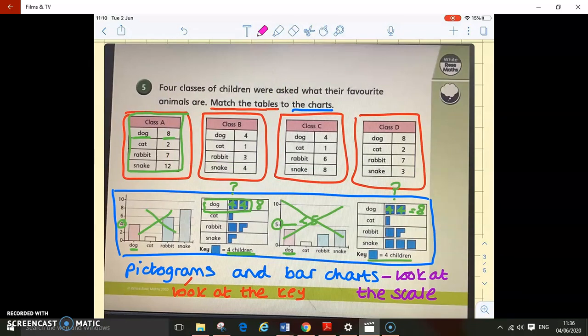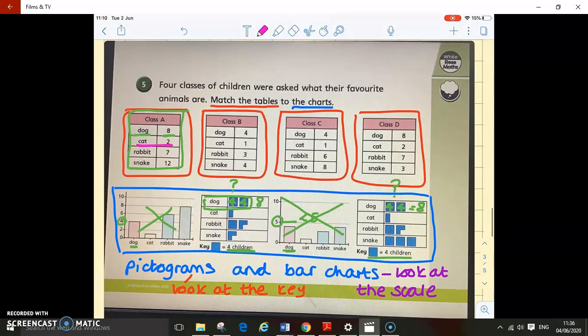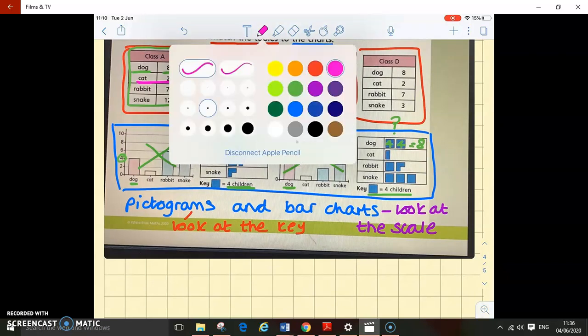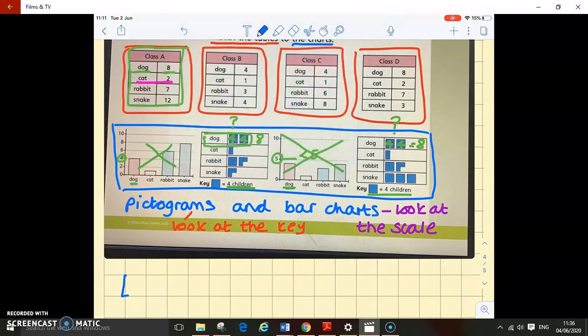So I'm going to have a look at the next bit of my table, and I'm going to have to match it to the chart. I can see that in Class A there are 2 children that like cats. I'm just going to draw a couple of pictures down here to help us think about this key. So I know that 1 whole square, when it's coloured in, is equal to 4 children.